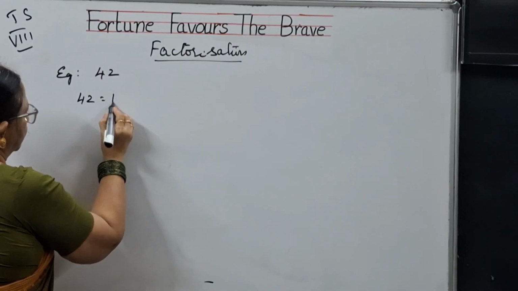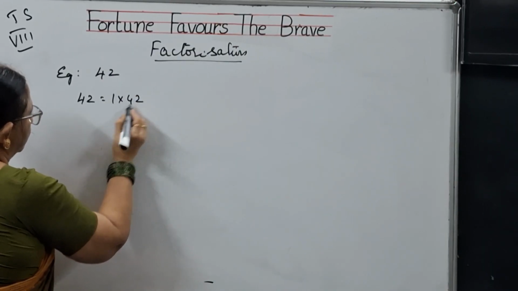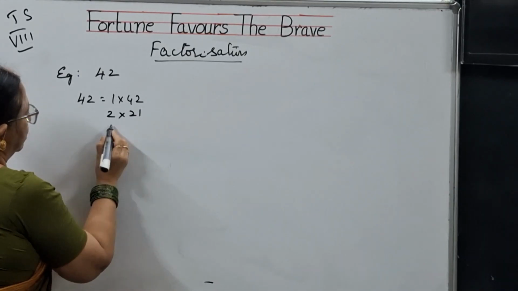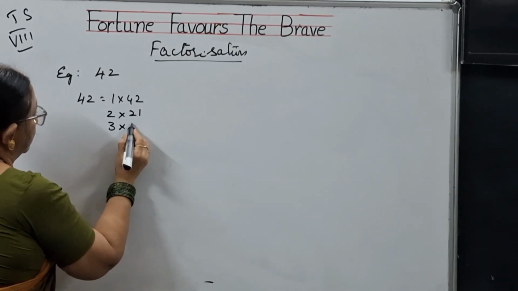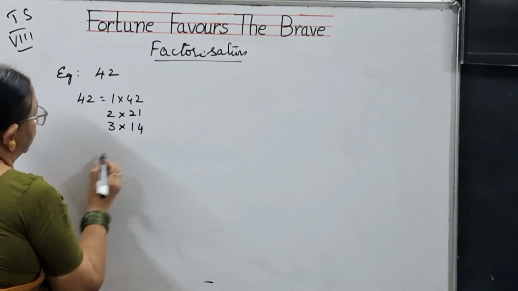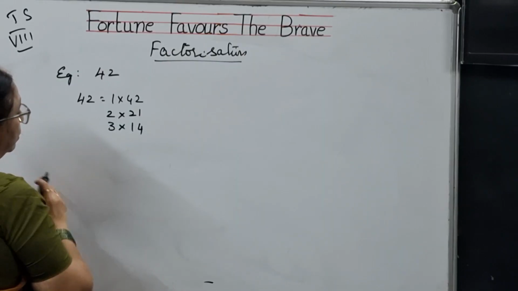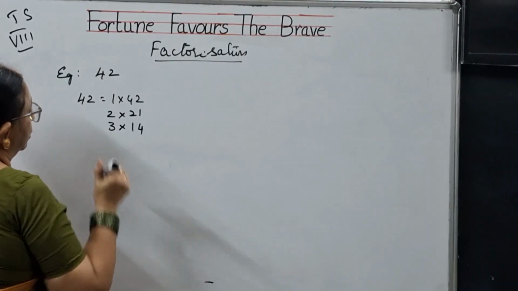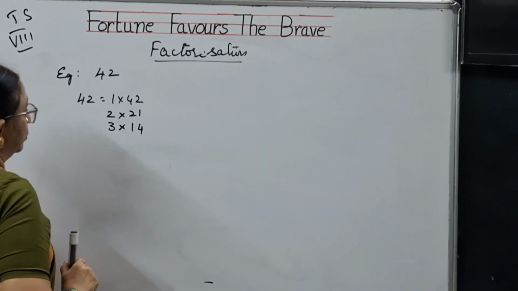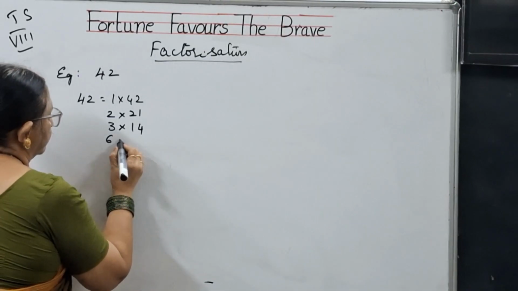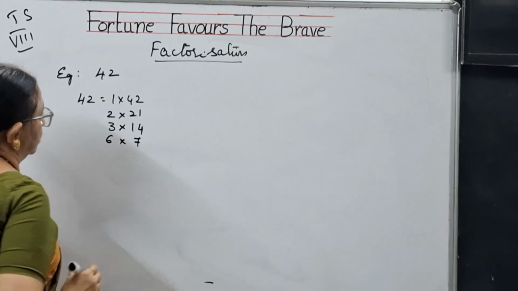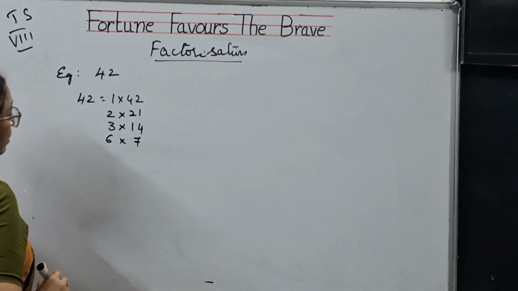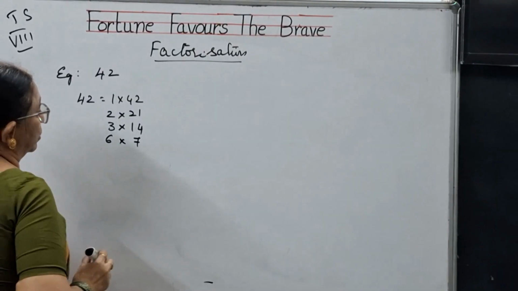42 can be written as 1 into 42, and 2 into 21, 3 into 14, 6 into 7. With 4 you cannot do it, with 5 no. 6 sevens are 42. 8, 9, 10, you don't get anything.